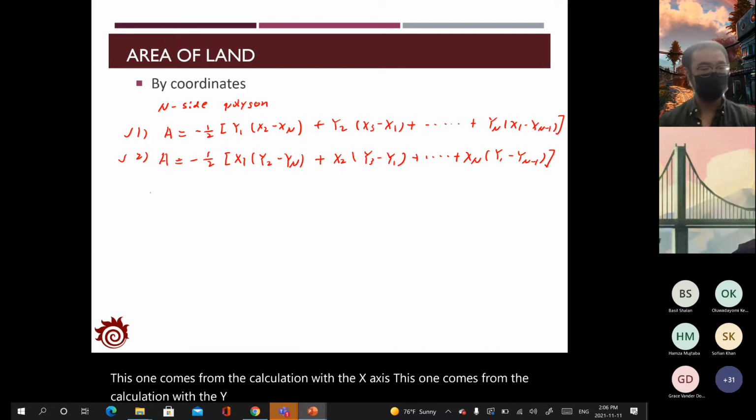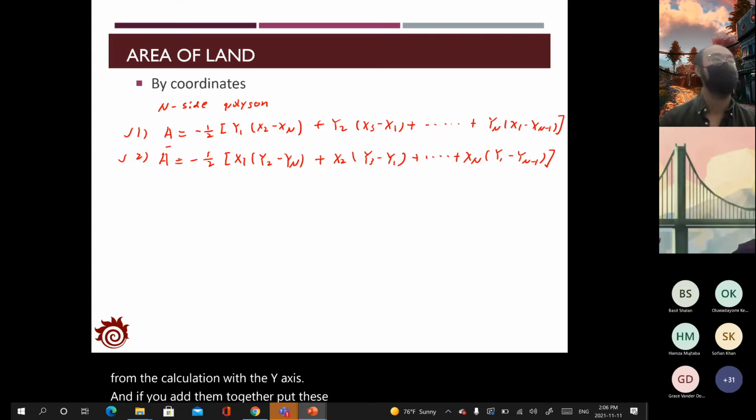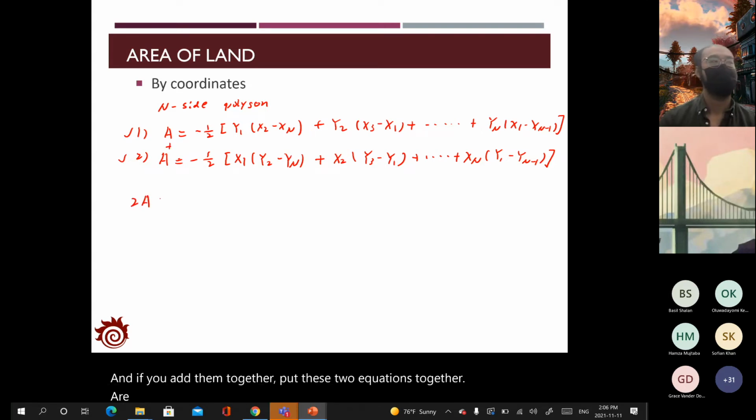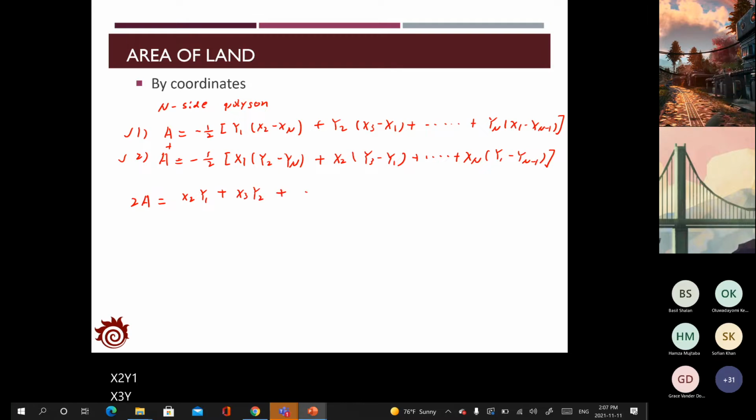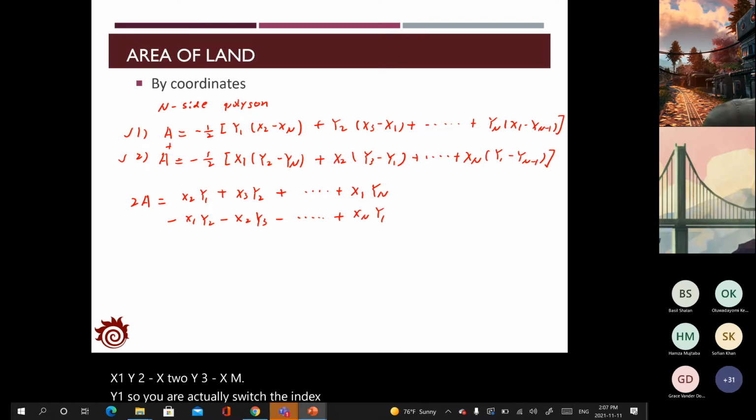If you put these two equations together, you will find 2A equals x2 y1 plus x3 y2 and so on until you get to x1 yn, minus x1 y2 minus x2 y3, and so on, minus xn y1. So you actually switch the index of the x and y coordinates for the positive and negative components.